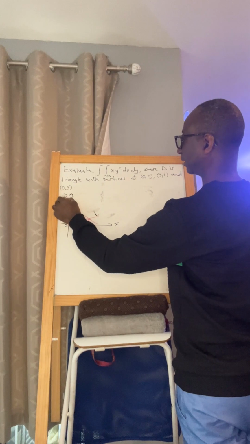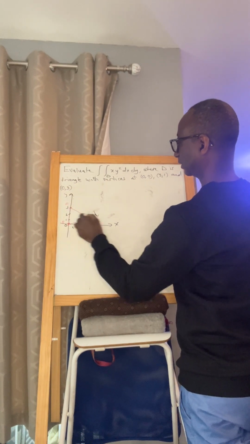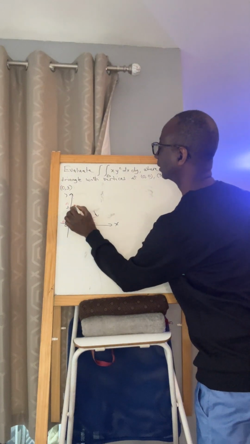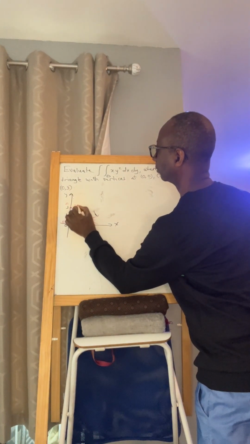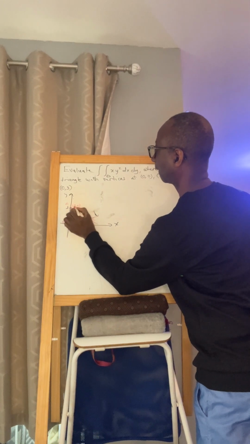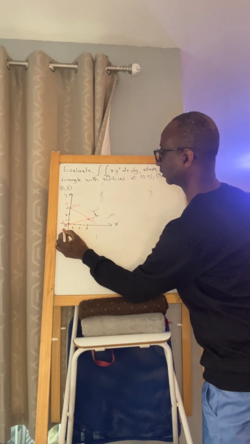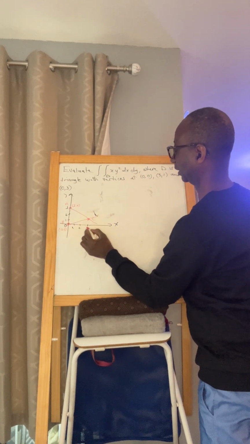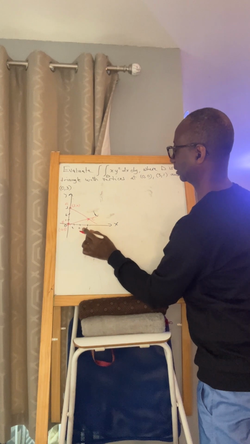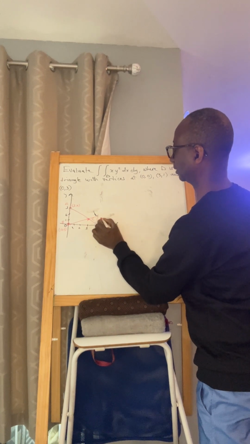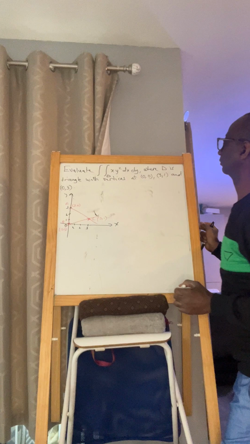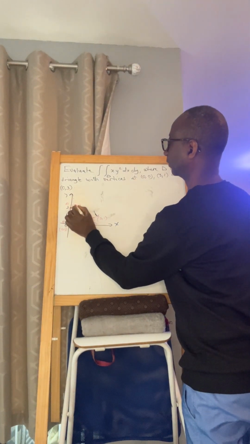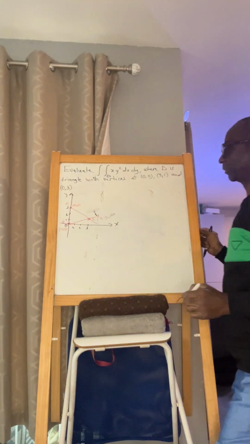We just label them A, B, C. And let's put 3, 0 here, 0, 0, and this is x is 3. So this is x, this should be 0, 3, I forgot here, sorry about that, 0, 3.